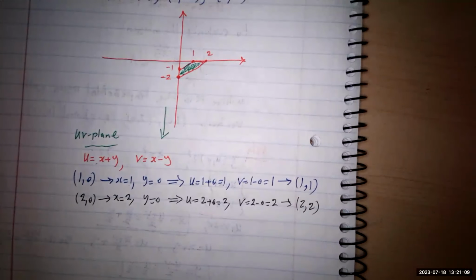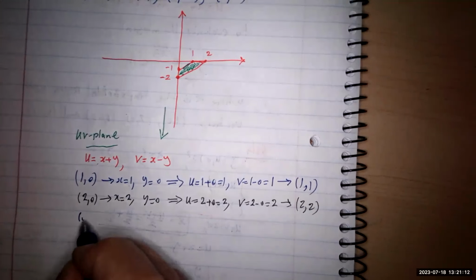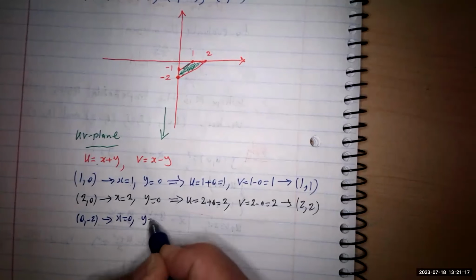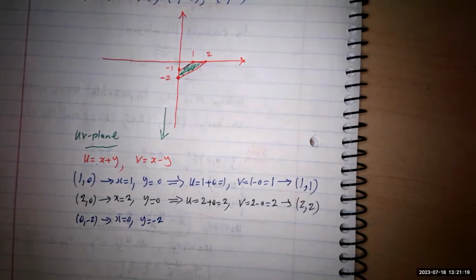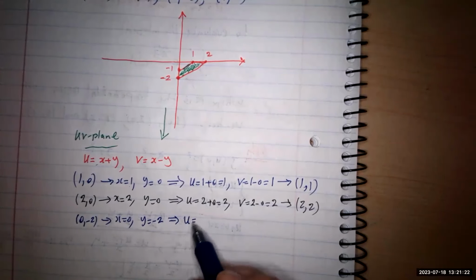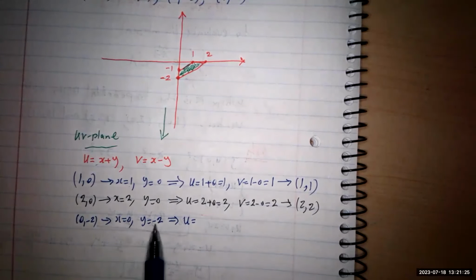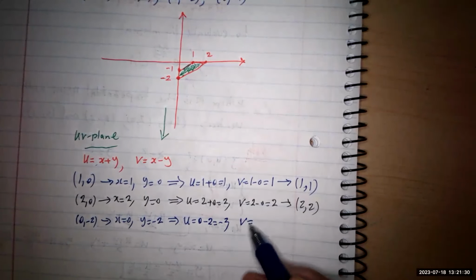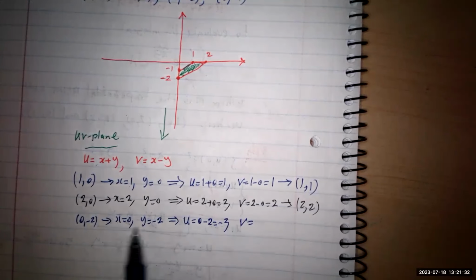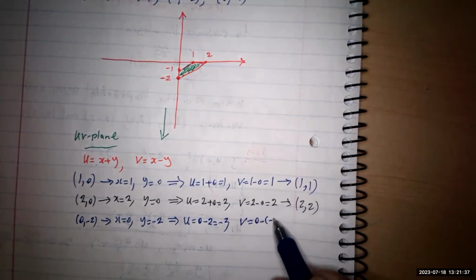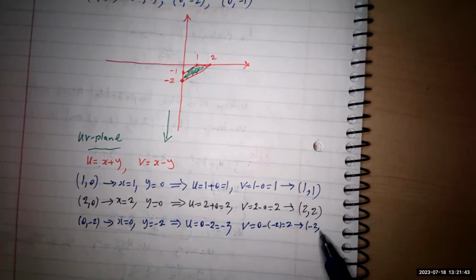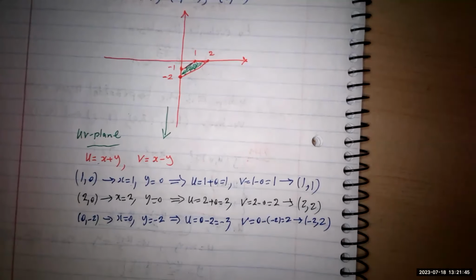The third point is 0 and negative 2. So X is 0, Y is negative 2. U would be X plus Y, 0 minus 2, which is negative 2. And V would be X minus Y, 0 minus negative 2, which is 2. So you arrive at negative 2 and 2. That's your third point.